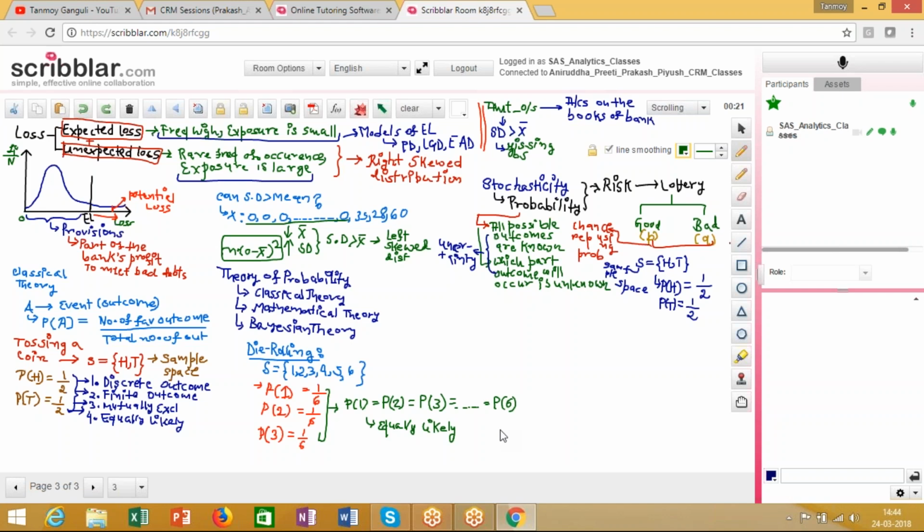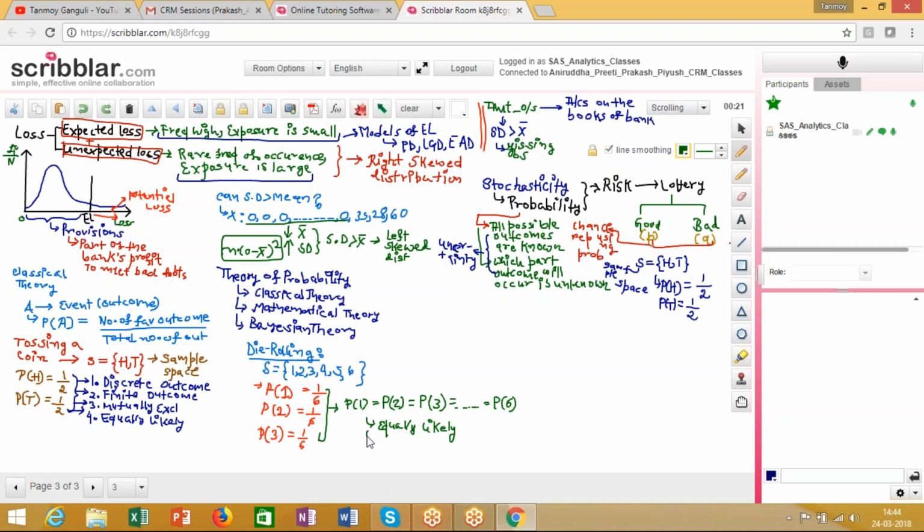Also observe that if 1 occurs, then 2, 3, 4, 5, 6 cannot occur. If 2 occurs, then 1, 3, 4, 5, 6 cannot occur. If 6 occurs, then any number between 1 and 5 cannot occur. So it means that the occurrence of one forecloses the occurrence of the other events. Occurrence of two forecloses the occurrence of the other events.